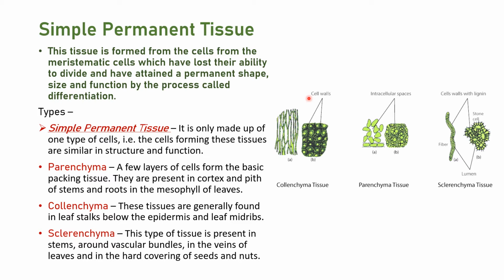When the meristem cells divide and redivide, new meristem cells are produced, right? But what about the old meristem cells? They have to take a certain shape and size according to the function they perform, just like xylem and phloem.